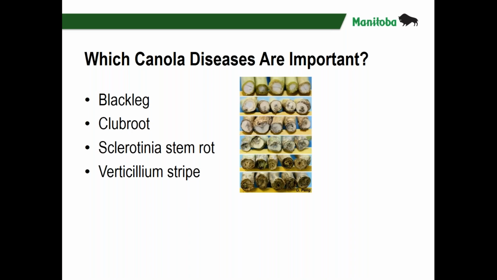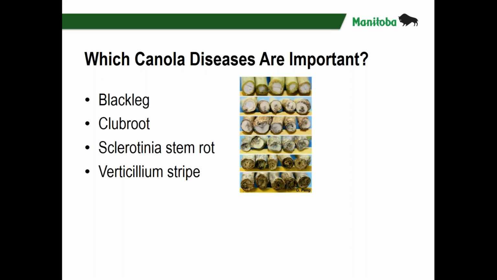Now, quickly, the symptoms of those 4 diseases. This is black leg, and these are stems cut through to show the amount of decay from the black leg pathogen. The one on top shows no infection, going down to the bottom where they're completely rotted through.